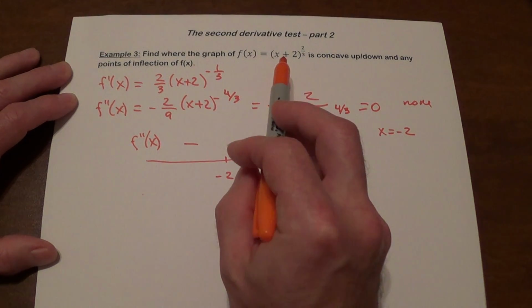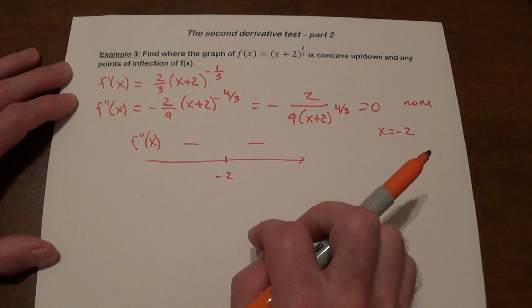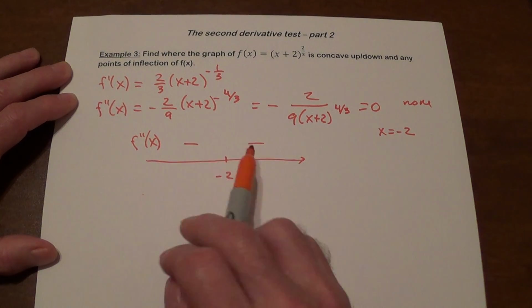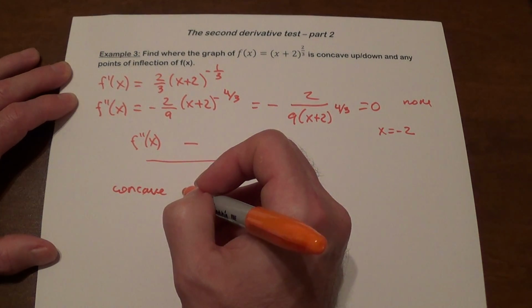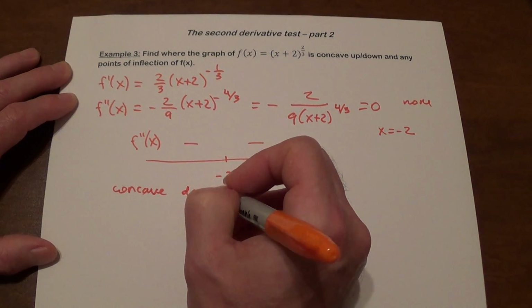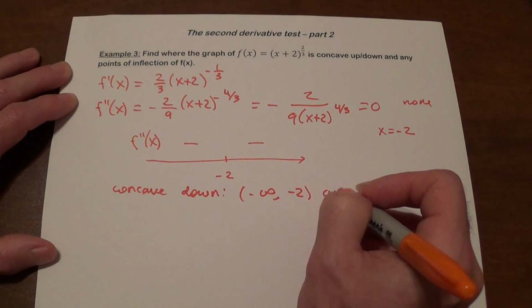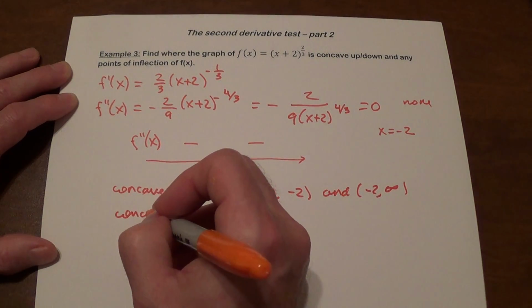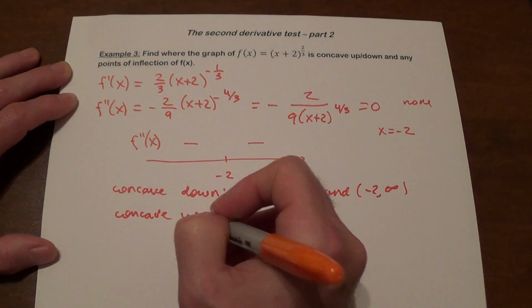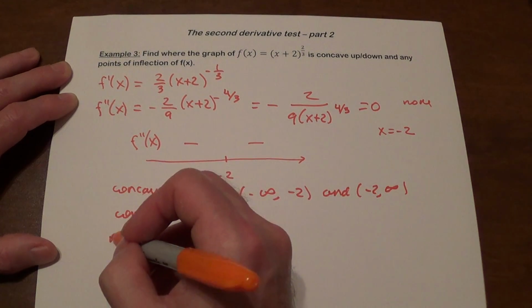The function itself, even though the second derivative and the first derivative too are not defined at negative 2, is defined at negative 2, but there is no sign change. So the function is concave down on these two intervals, from negative infinity to negative 2, and from negative 2 to infinity. Concave up: not applicable, and no points of inflection.